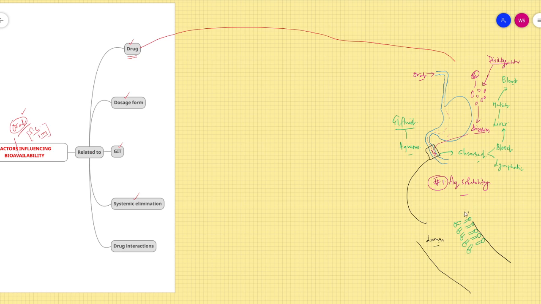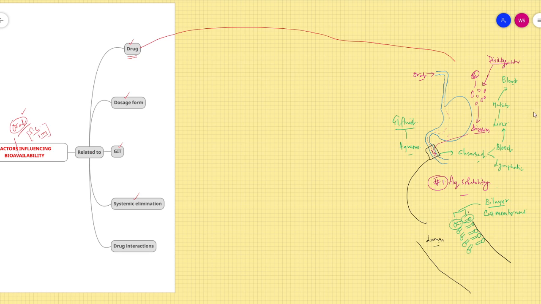Okay, so that is the cell membrane, the bilayer. Why bilayer? Because there is this one layer and there is another layer, and that is the structure of the cell membrane.